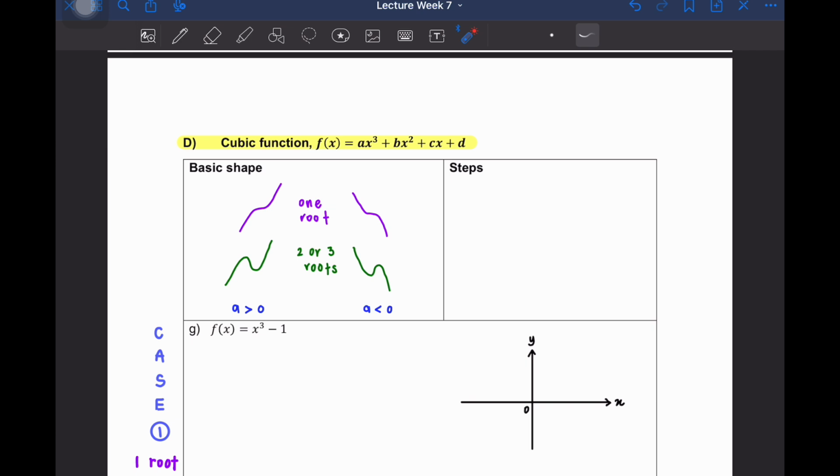So let me list the steps that you need to follow. We call the steps SIS, S-I-S. The first S stands for shape, your basic shape, so it depends on the A that you have.